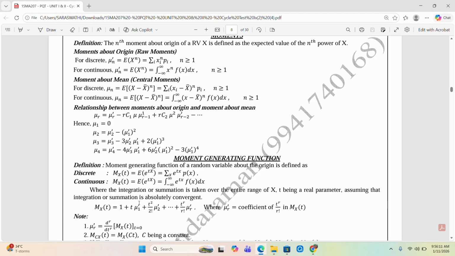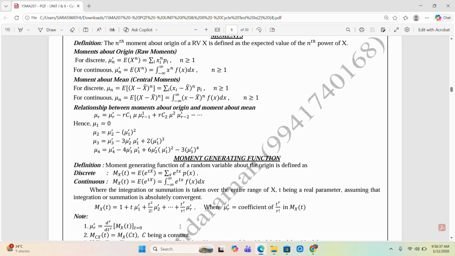After solving the problem, the moment generating function will be written in the expression of 1 plus t into mu 1 dash by 1 factorial plus t square by 2 factorial into mu 2 dash plus and so on, t power r by r factorial into mu r dash. Here mu r dash is nothing but the coefficient of t power r by r factorial from the moment generating function Mx of t.